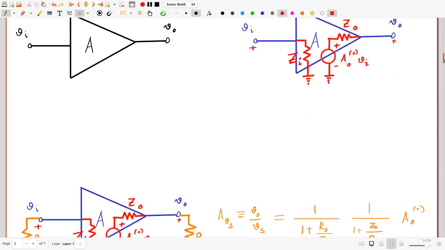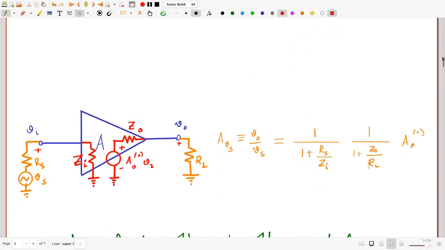And just to remind you, if you were to connect a source Vs in series with a source resistance to an amplifier whose effective circuit we have shown here, and a load resistance across which you are going to take the output, then AVS, which is the ratio between the output voltage VO and the source voltage Vs, turns out to be a multiple of AVO.